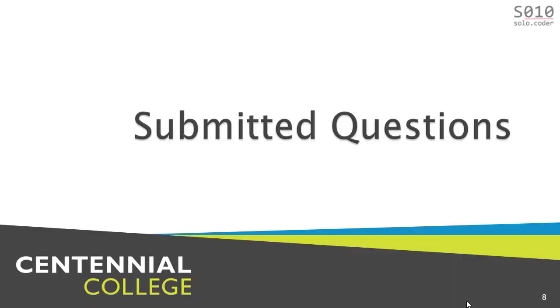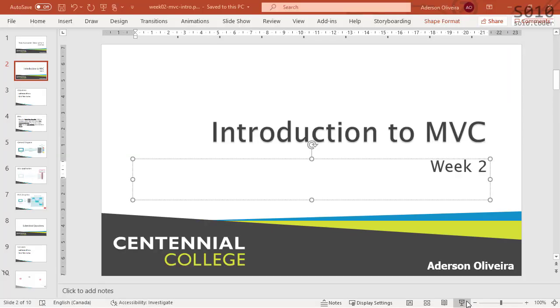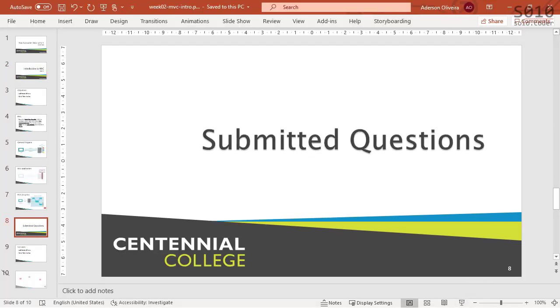Okay, so now I'm going to do something here. We're going to be breaking down into breakout rooms. Now I want to do something slightly different as compared to what we did last week.